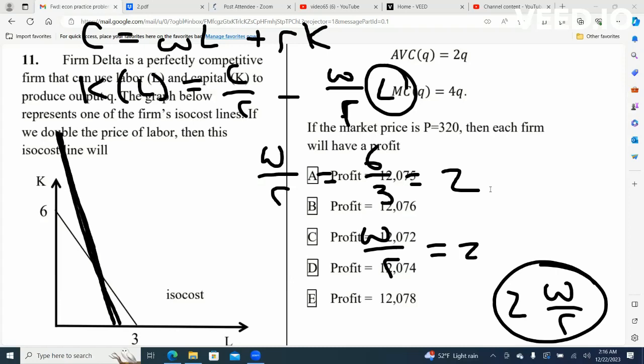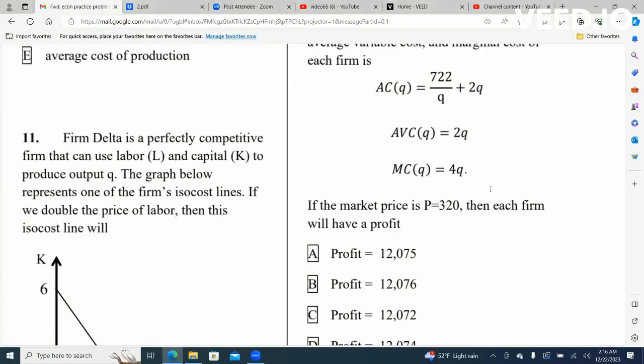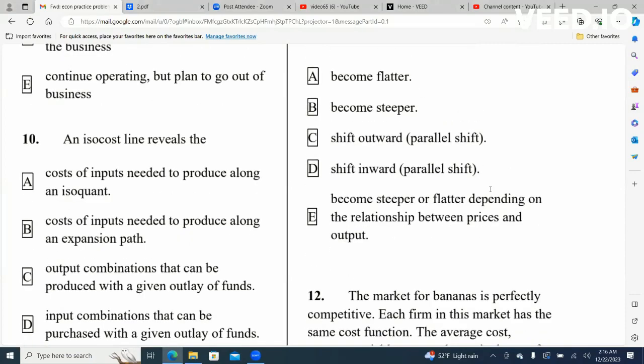We made the negative slope steeper there. The answer is going to be B.